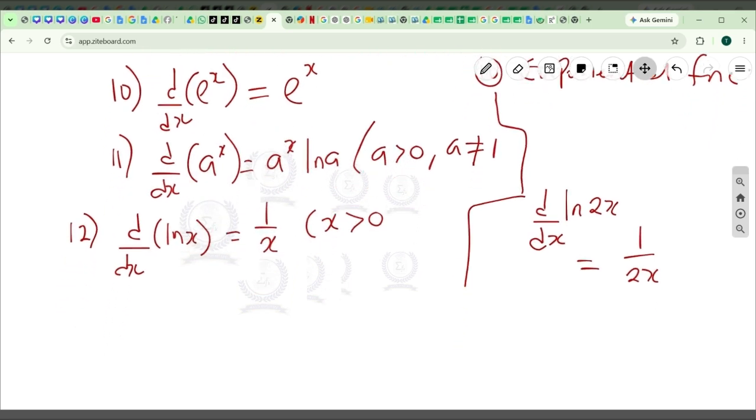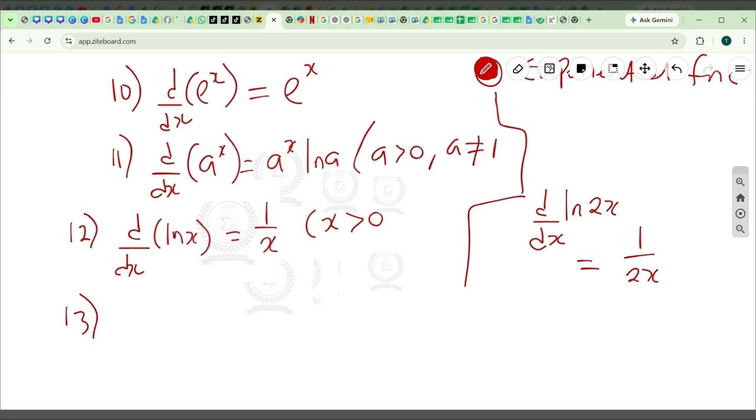Alright, so if we want to differentiate the 13th one, oh, by the way, number 12, you use that when you are having a logarithmic function.